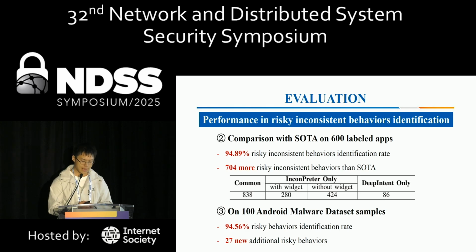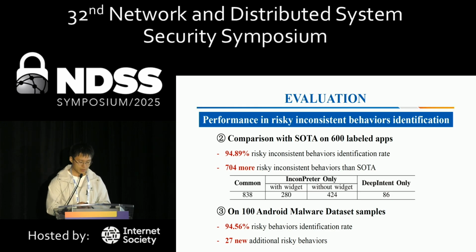Additionally, we conducted experiments to evaluate the accuracy of InconPreter in extracting inconsistent behaviors and providing risk analysis reference. On our labeled dataset, InconPreter achieves a 94.89% risky inconsistent behavior identification rate, which is higher than the SOTA tool.